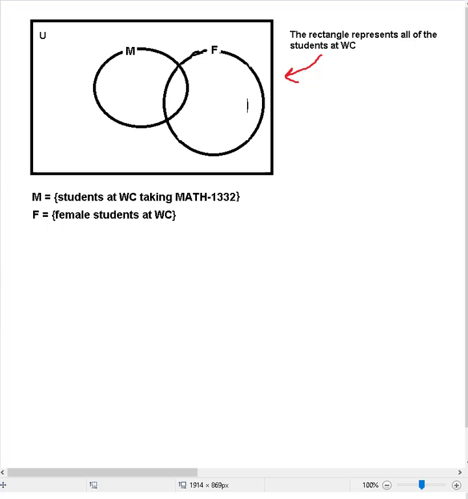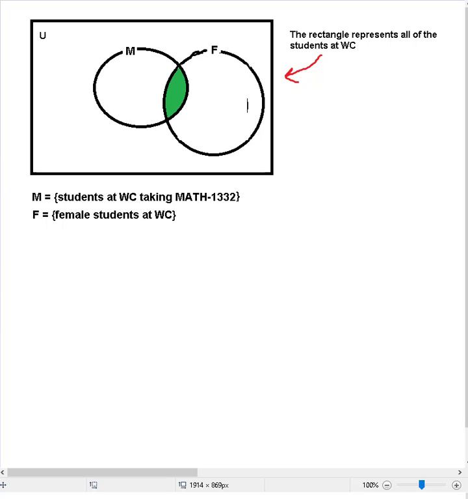The last situation looks like this, and you'll see this frequently. This is saying here are students taking Math 1332. It overlaps with the female students at Weatherford College. That means in this area, the area I've shaded green, the people in that group are students who are female and taking Math 1332.